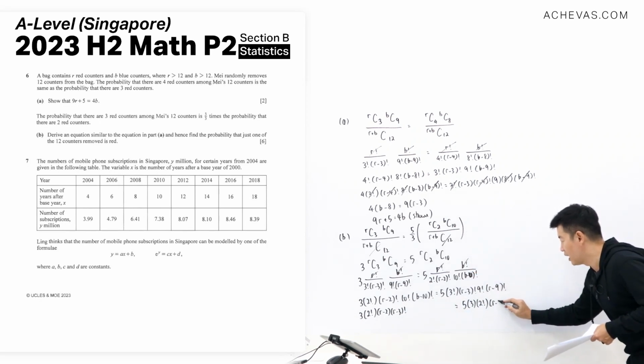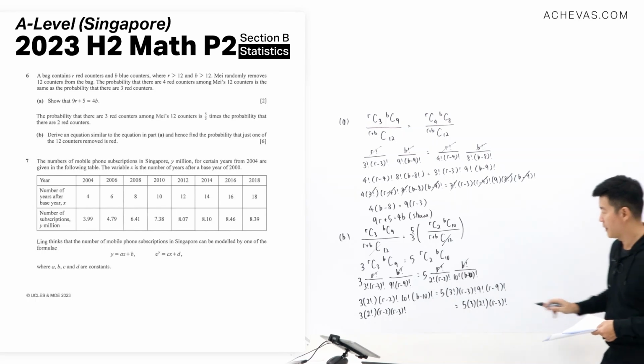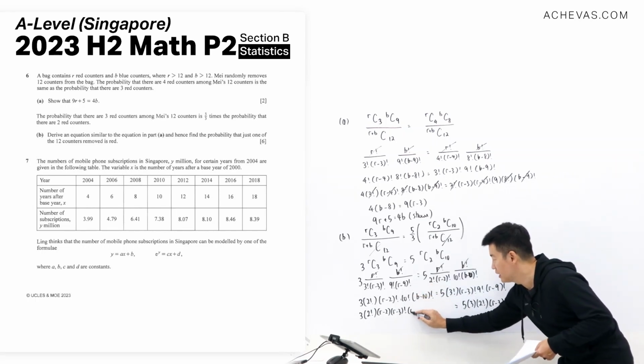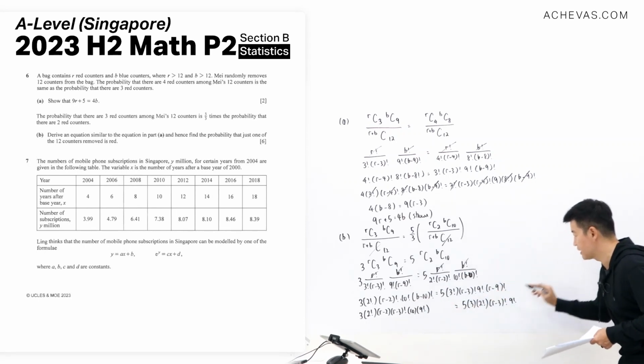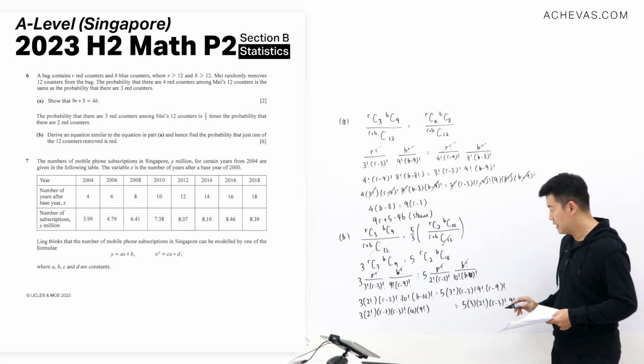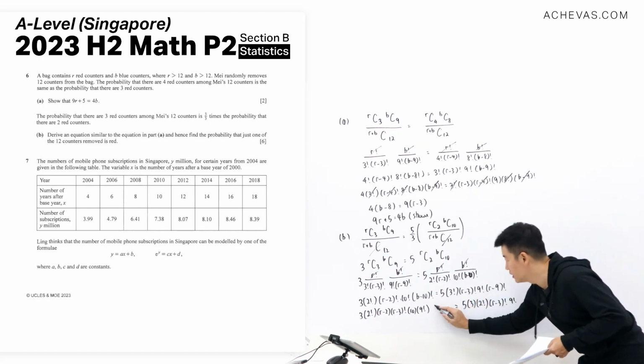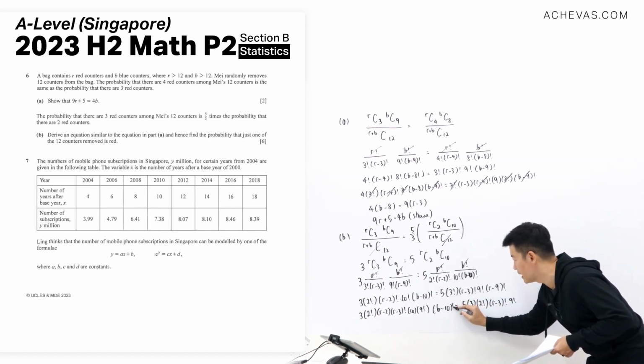So here we have r minus 3 factorial. 10 factorial, 9 factorial. I'm going to rewrite 10 factorial as 10 multiplied by 9 factorial. And this, I'll just write it as 9 factorial. And finally, b minus 10 factorial, b minus 9 factorial. This is bigger. So this, I'm going to just let it be as it is.